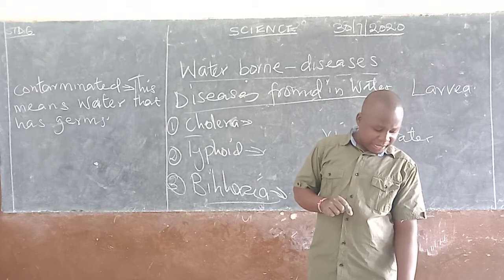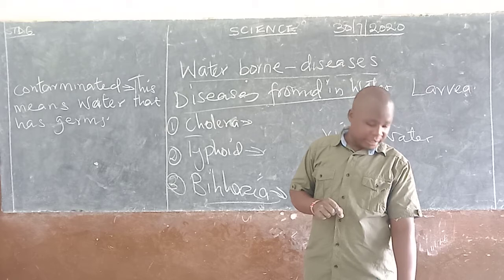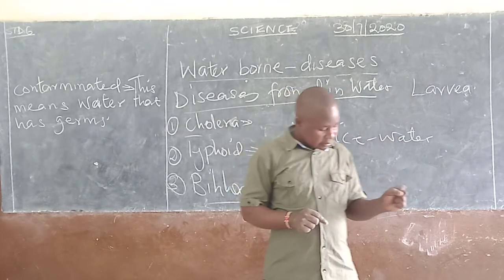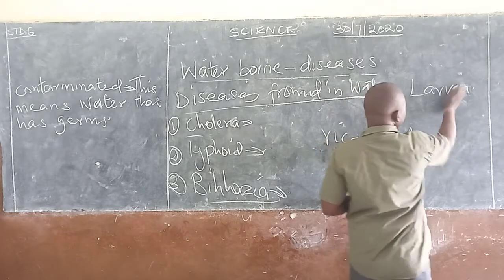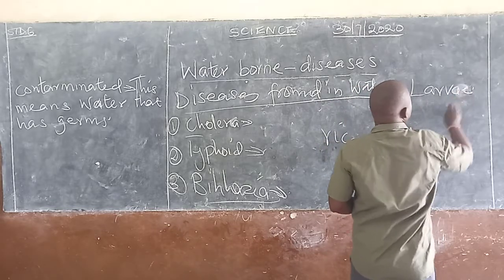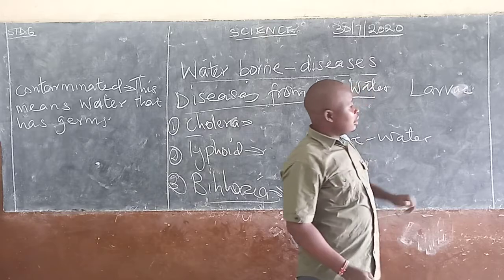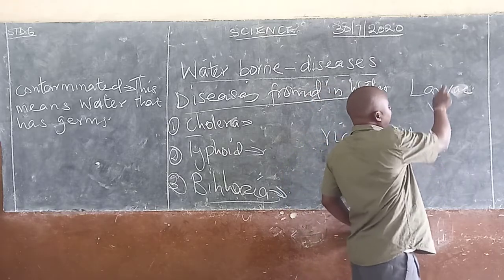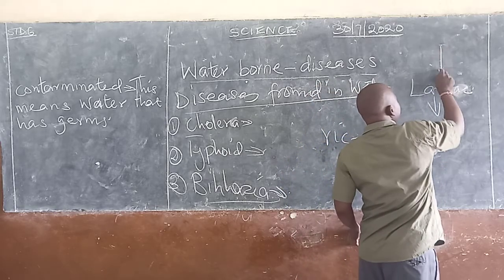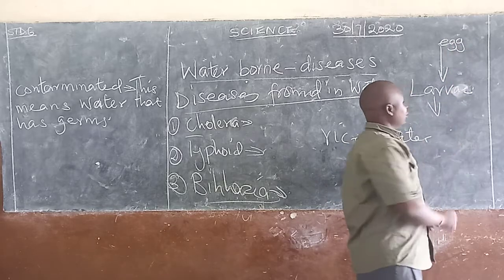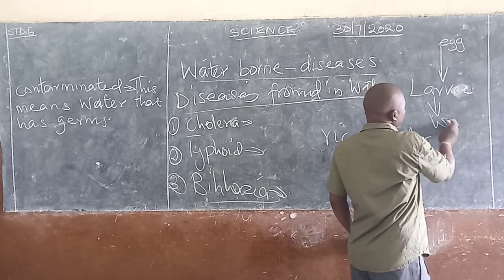If the eggs are passed into water through urine or feces, they hatch into larvae. First we have the eggs, then they hatch into larvae, and then they become worms.